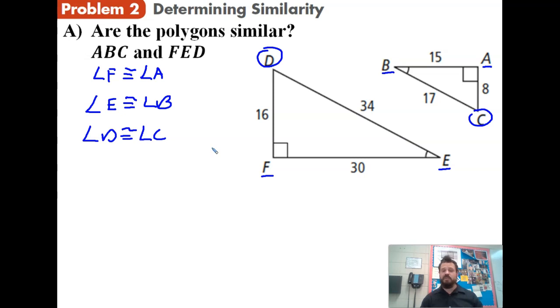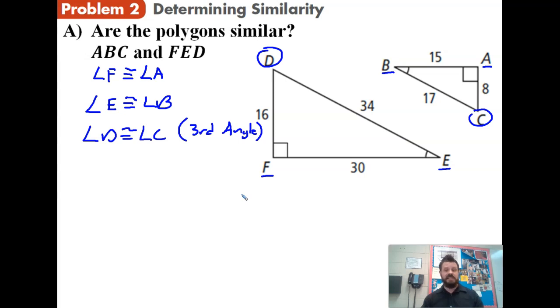The third angle theorem says that if two angles are congruent, the third angles have to be congruent. So we'll put for a reason here, third angle theorem. So the angles work for these two triangles. All the angles are congruent.